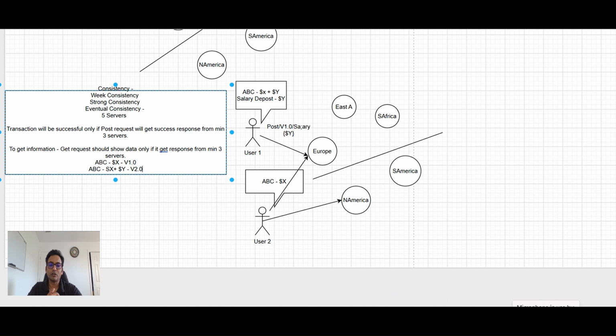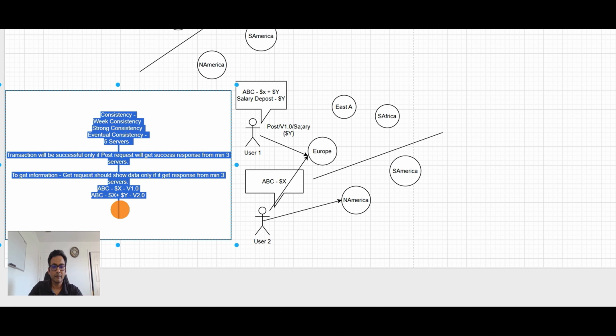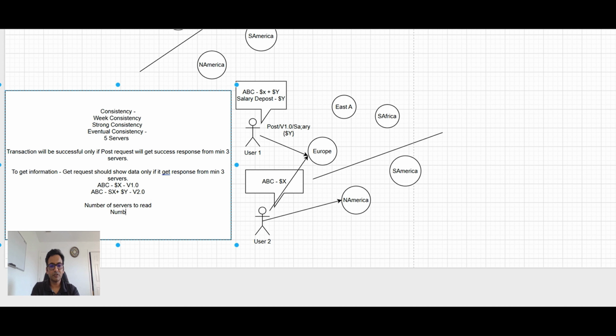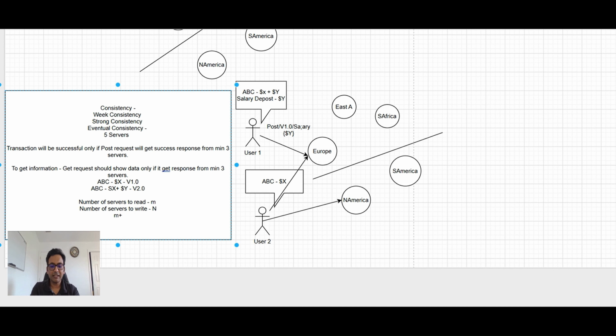So basically what we did here, we have 2 parameters: the number of servers to read and the number of servers to write. Let's say we call them m and n, and if m plus n is greater than or equal to the total number of servers.